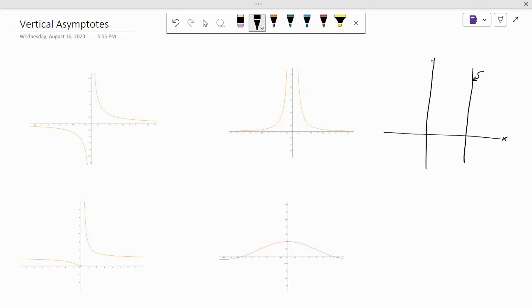And so vertical lines all have an equation of the form x equals some constant, because every point on this line is defined by the property that x is that constant, but y could be anything. So since y could be anything, if you just vary y, you get an infinite line. So our vertical asymptotes are going to be of the form x equals some constant. All right.